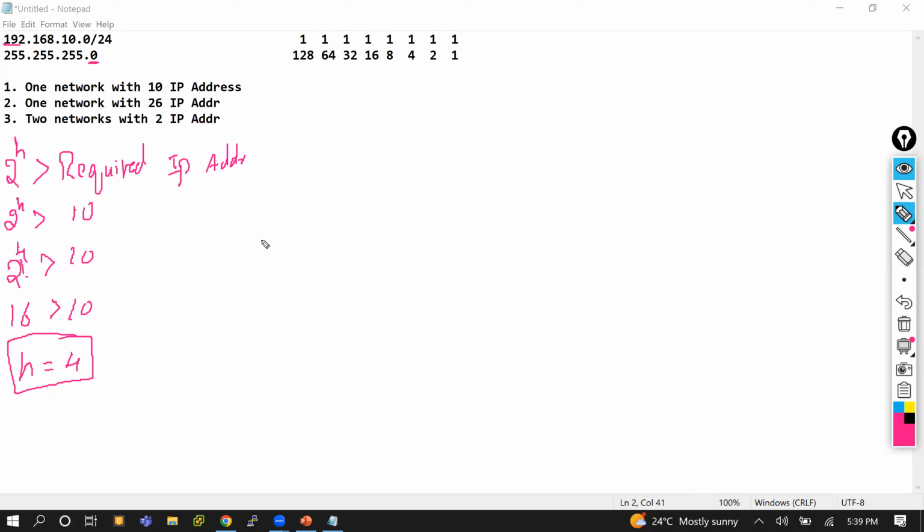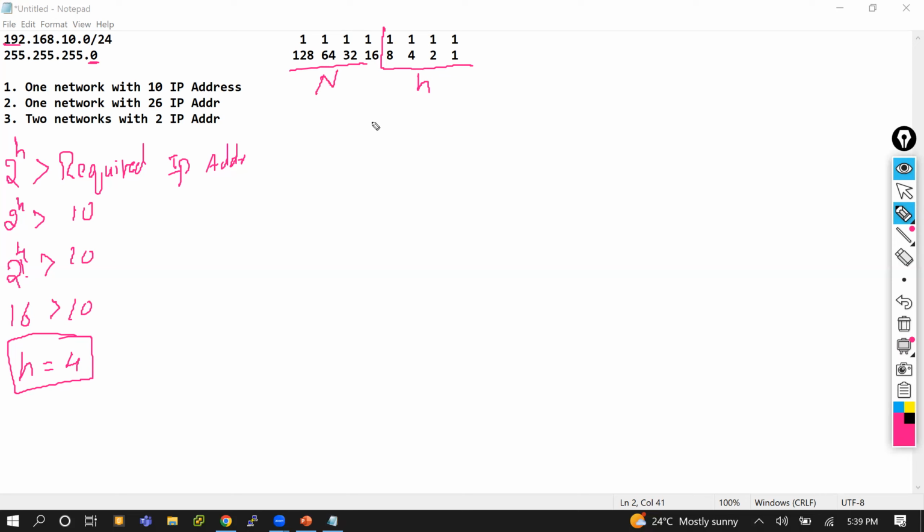I have to borrow these 4 bits from the right hand side. If you remember, in FLSM we had to borrow the bits from the left hand side. In VLSM, we borrow the bits from the right hand side. Now I'm going to borrow 4 bits: 1, 2, 3, 4. These 4 bits go for the host part. The remaining 4 bits automatically go for the network.